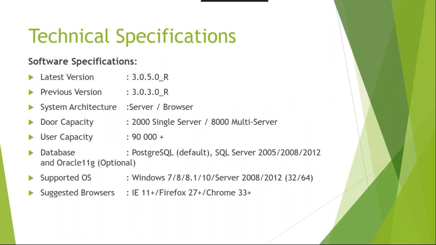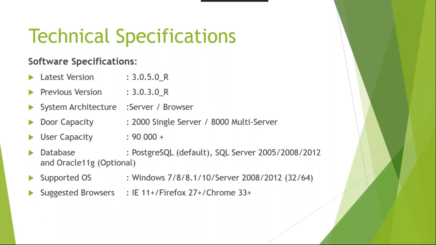And then these are the basic technical specifications of the ZKBiosecurity. It can take up to 2,000 doors on a single server, and up to 8,000 doors on multiple servers. The user capacity can take more than 90,000.